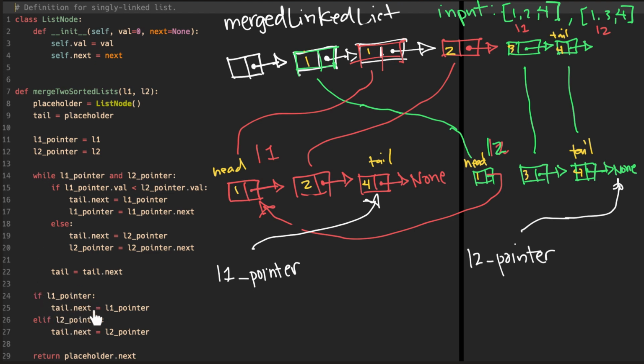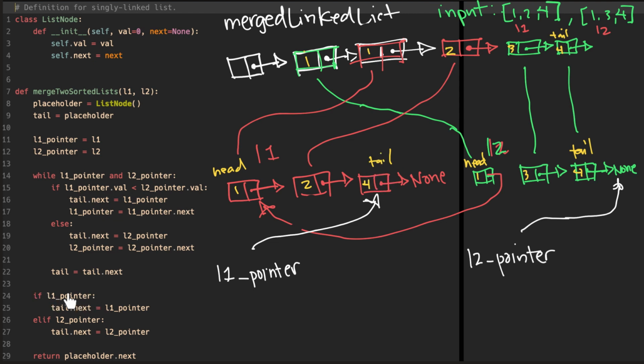This code is to handle the case where one of the linked lists we're finished with, the pointers pointing to none, but the other linked list, we still have a value that we need to add to our merged linked list. So in this particular case, it's going to be if L1 pointer. So L1 pointer points to a node that has values, a node that has an object, not none.